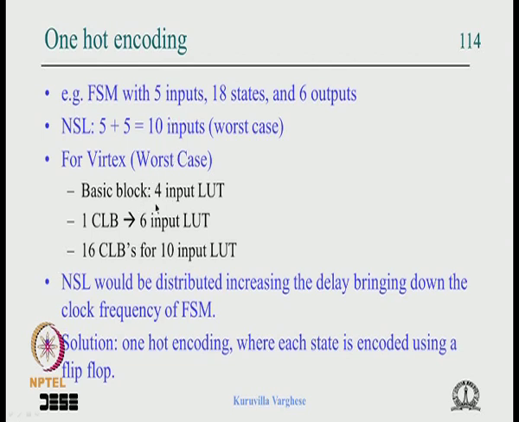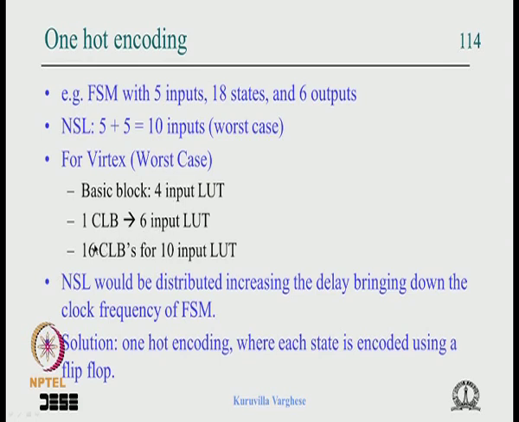We have seen that a 5 input function can be implemented by cascading, or a 6 or 7 input function can be implemented with 2 four-input lookup tables, but we assume again the worst case for the sake of argument. So here we have a 10 input next state logic. One CLB can implement a 6 input lookup table: 2 four-input make a 5 input, 2 five-input make a 6 input, and so on.